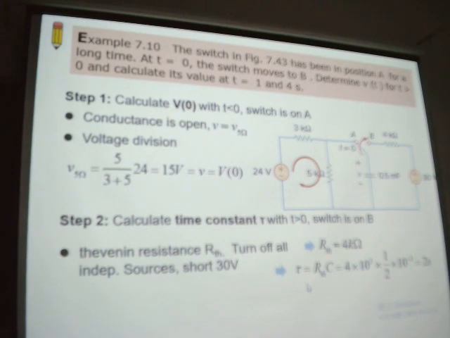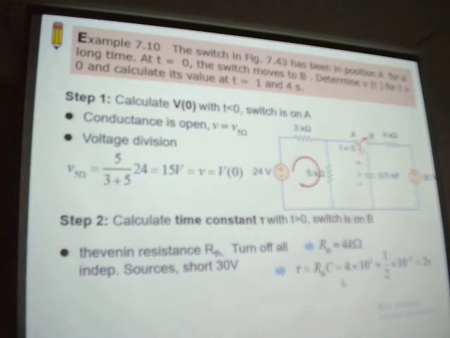And our tau is equal to RTH, from the Thevenin equivalent circuit, and we get the surrounding resistance. In our previous study, our Thevenin equivalent circuit didn't have a capacitor inside, but actually if we have a capacitor inside, it doesn't affect anything. You still can get the RTH.